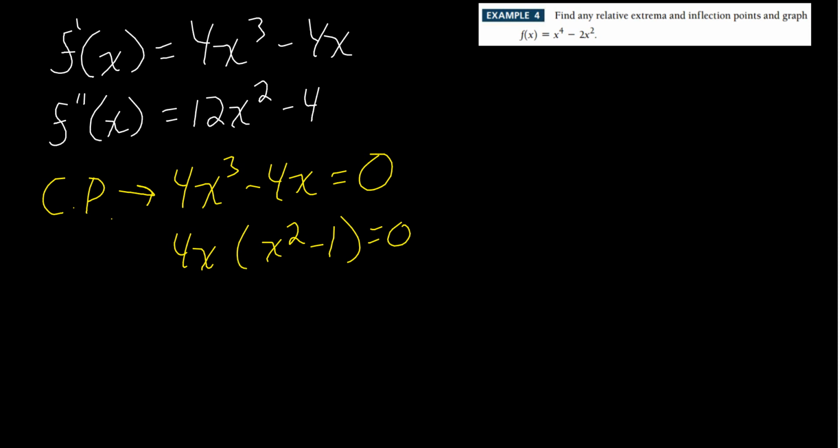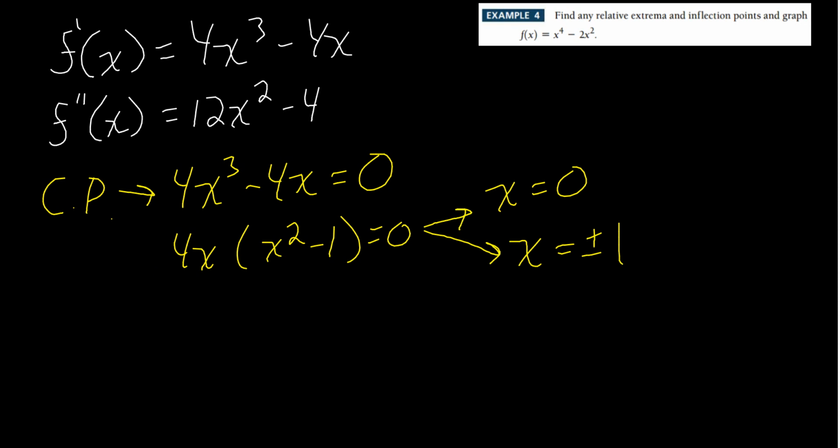Well, obviously, one of these solutions is going to be x is equal to 0. That's this one, I set 4x equal to 0. The next one is going to be the square root of 1, which will be positive and negative 1. So my critical points are 0, positive 1, and negative 1.